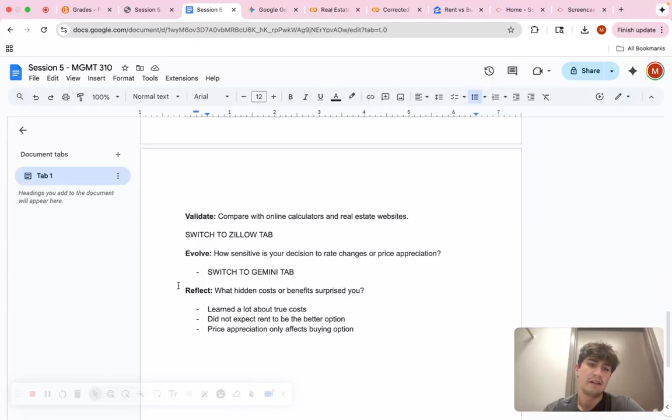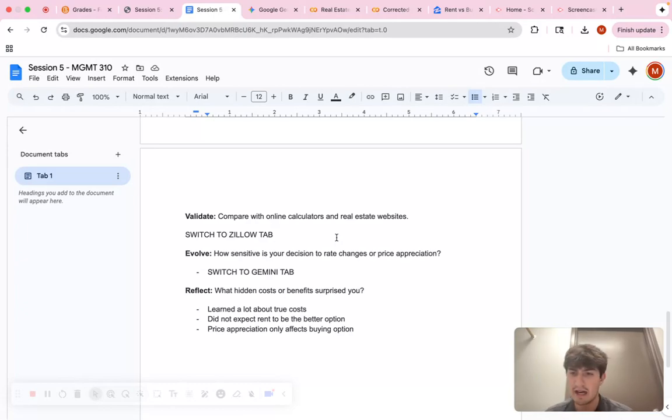And then, kind of just reflecting on all of this, the hidden costs or benefits. So I learned a lot about true cost, because that's something you don't really think about when you're comparing rent to buy. You don't always think about the opportunity cost that could come with that. And then I didn't expect the rent to be a better option, to be honest, because I also agree rent feels like you're just throwing money away.